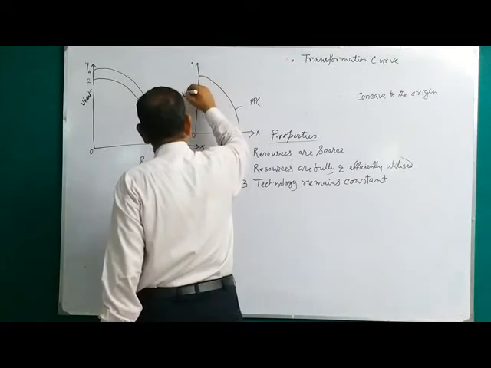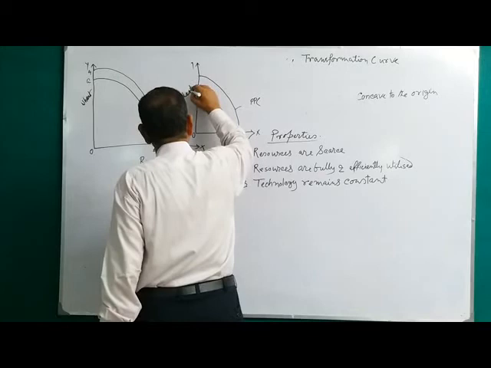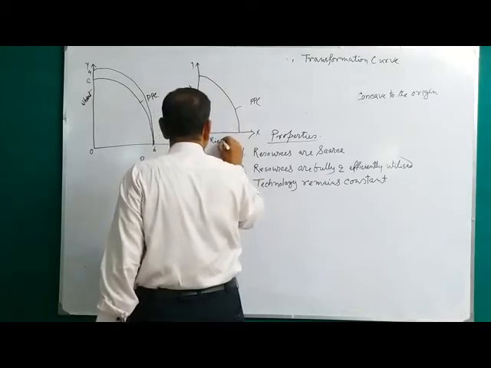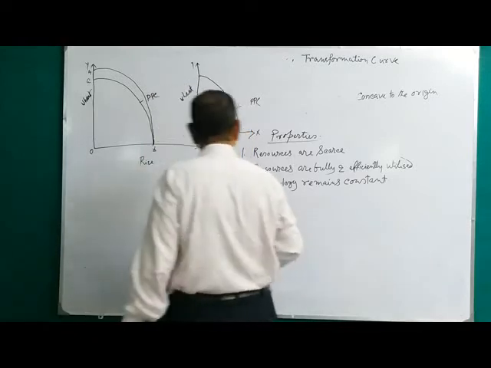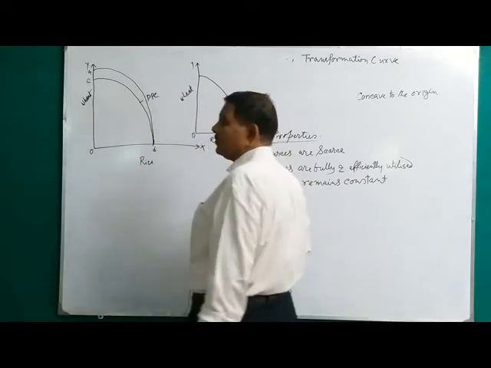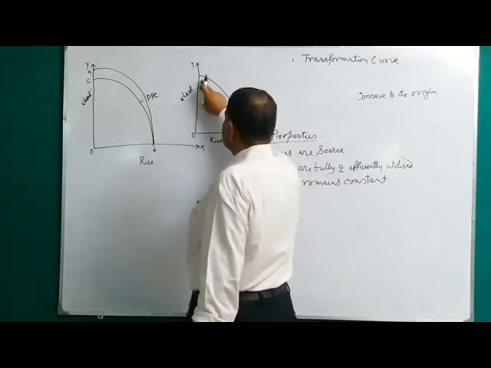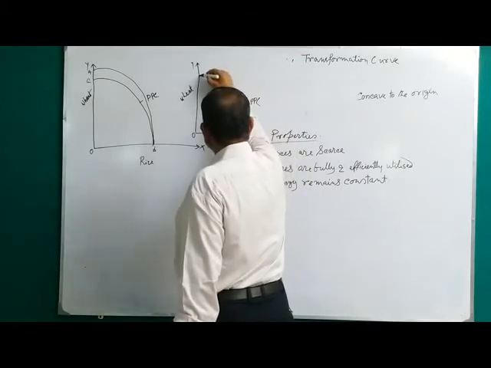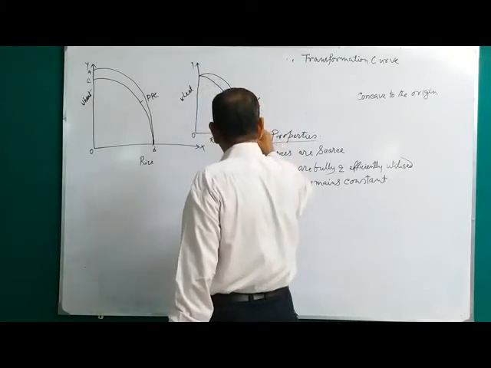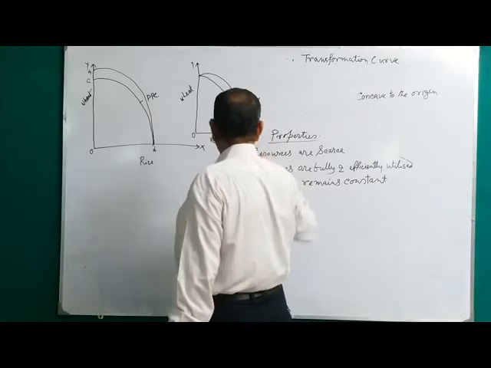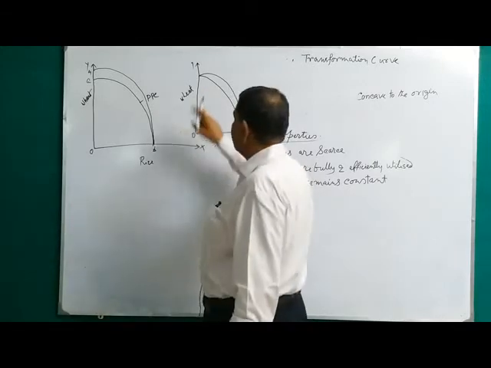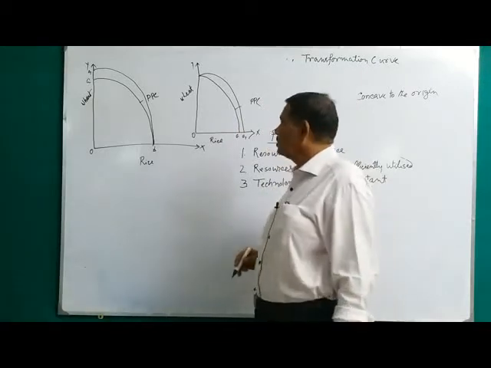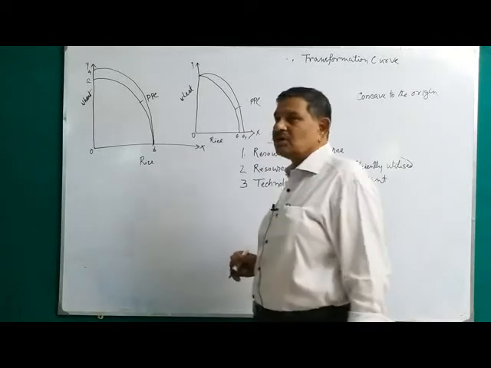We are measuring wheat on the vertical axis and rice on the horizontal axis. If the technology or resources change in the production of rice, whereas in wheat production technology remains constant, then the curve will rotate to A1. That is, production of rice will increase, whereas the production of wheat remains constant. So it is called rotation of the production possibility curve.